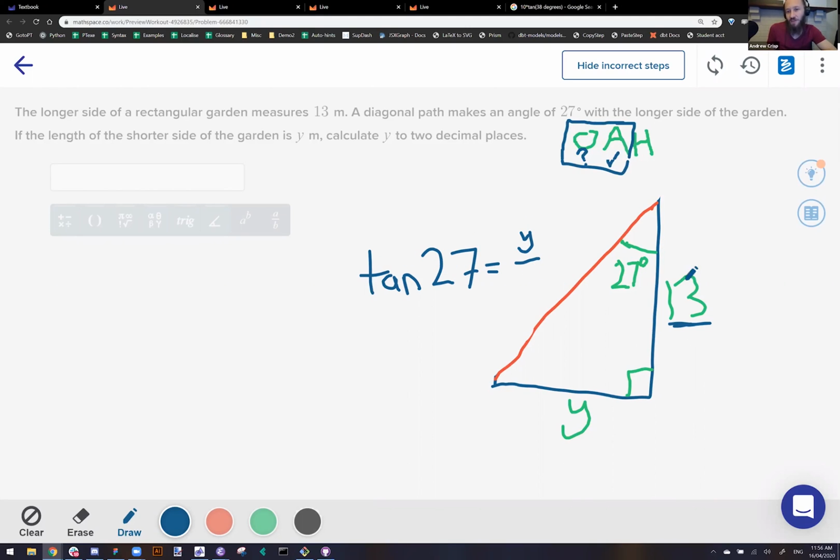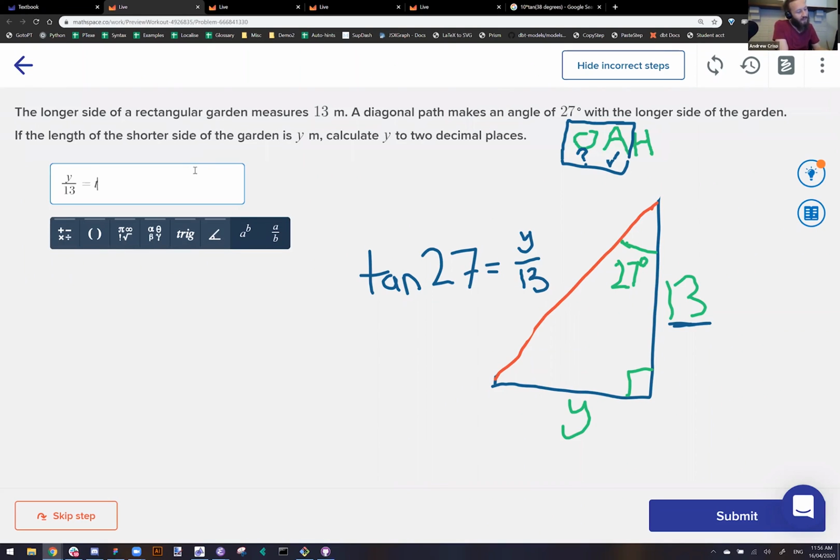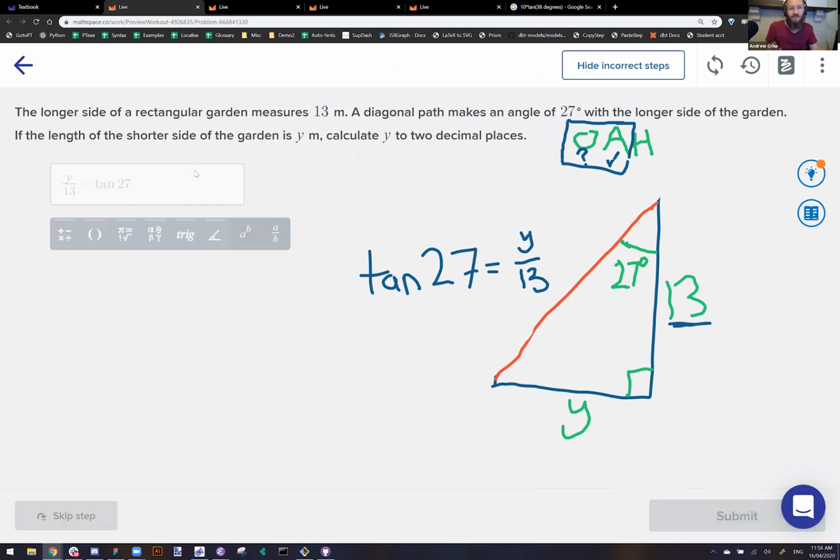Tan is opposite over adjacent, over 13. And I can put this into my calculator. I just multiply both sides by 13, or I can just check in with Mathspace first to make sure that I'm getting it right. y over 13 equals tan 27.